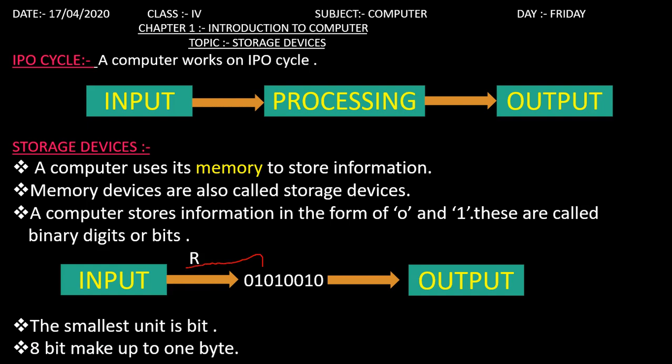Then this binary code is processed and again converted into the English language to show on the monitor, because we can't understand binary code. Understood? As well, A and M of RAM will also be converted from English to binary, then binary to English. This process takes less than a microsecond, so we are not able to feel it.